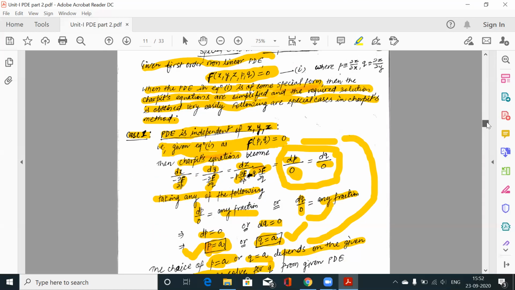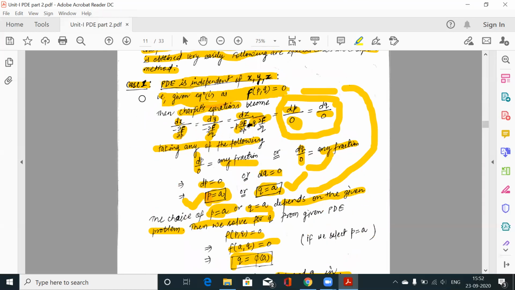So either you simply apply Charpit's method from this point to this point, so there is no problem. Otherwise we can move directly from this step to this step by simply saying this is in standard form 1, means case 1. So we know by using Charpit's equation we can get p is equal to a or q is equal to a.